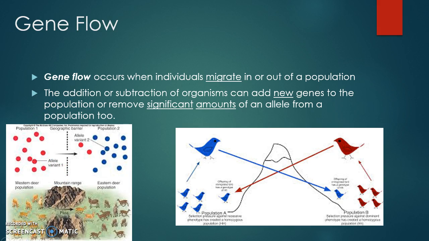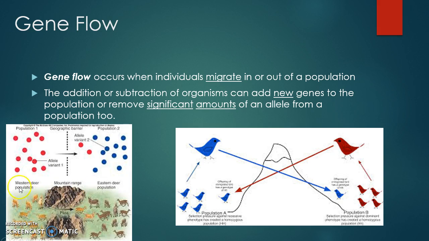If we consider the blue and the red populations here separate, and somehow two red individuals make it to the other side, we're going to be going from 100% red on this side and 100% blue on this side, to probably somewhere around 90% blue and 10% red. Because the allele percentages just changed in that population, it is a breakdown of the Hardy-Weinberg principle, meaning that gene flow is an evolutionary force.